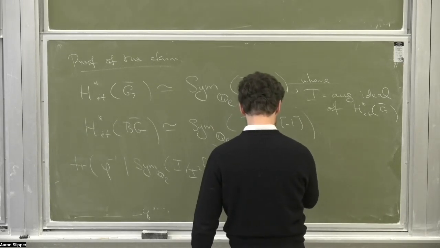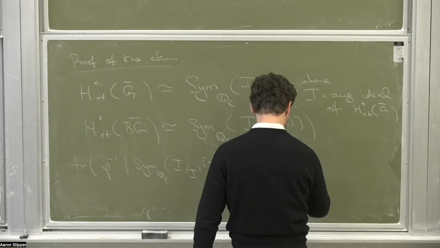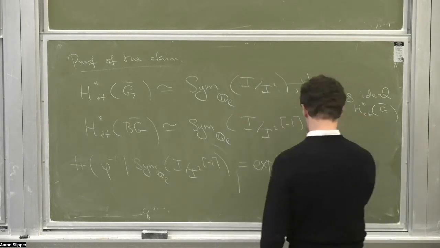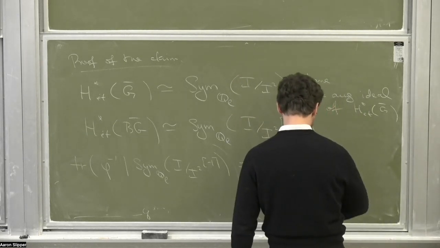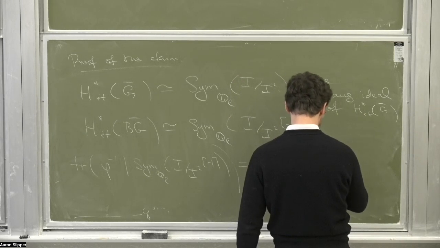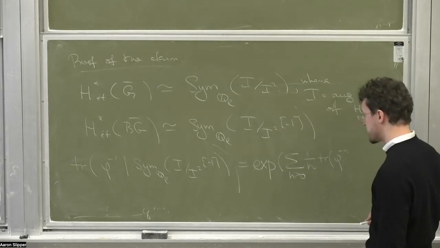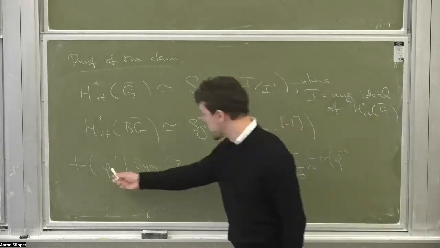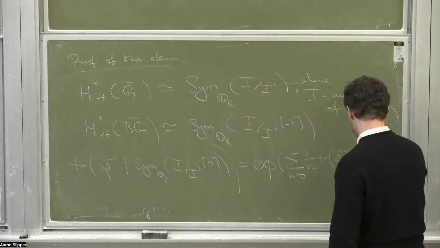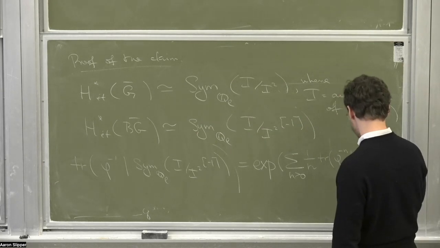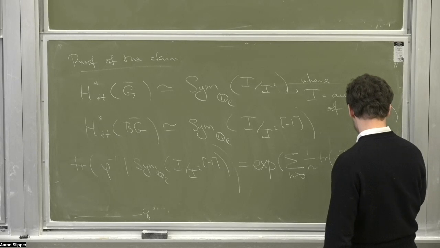This is just the exponent of the following series. I take 1 over n and compute traces of F to the minus n, where F to the minus n means the nth power of F inverse acting on I modulo I squared, shifted by 1.